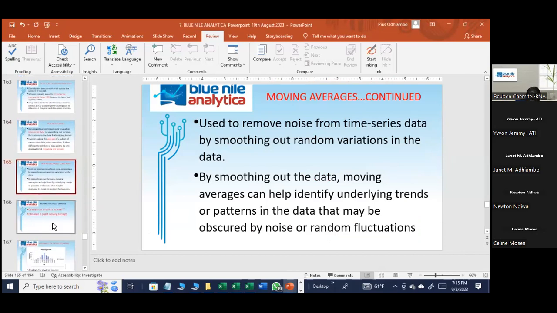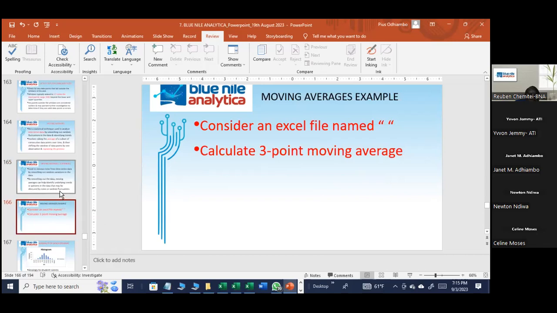I'll share this data. I want you to compute the 3-point, 4-point, and 5-point moving averages.